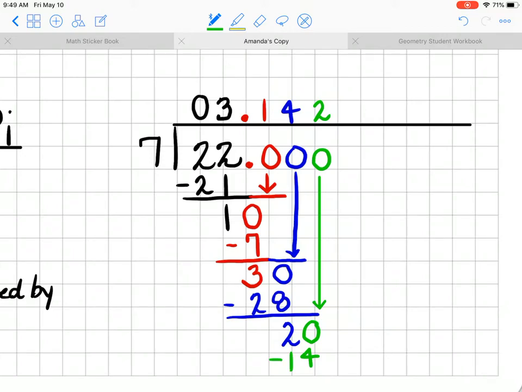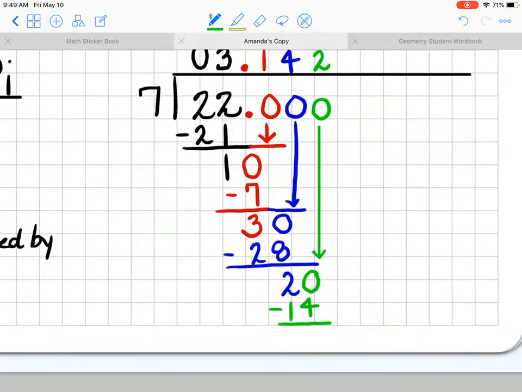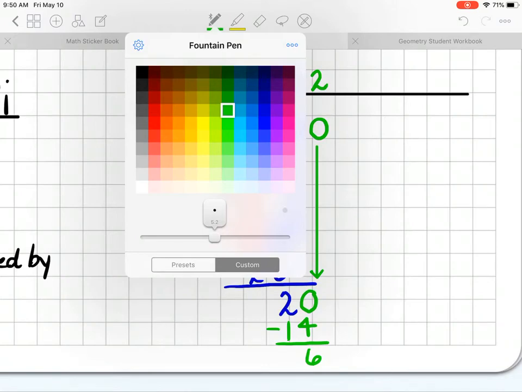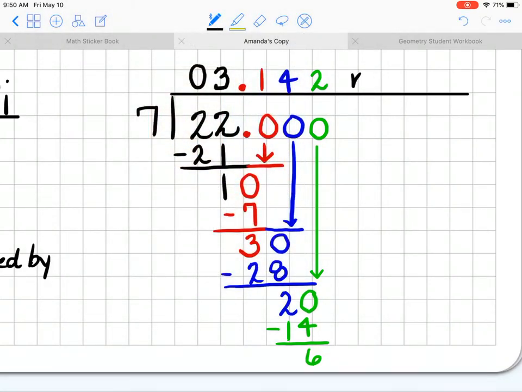And by this point, I'm still getting a remainder, and I'm really getting frustrated here. I'm very tired of doing this problem. This decimal will never end. It doesn't matter how many zeros I add and how many times I do this, it is never going to end. It would keep going forever. So it's going to keep on keeping on.